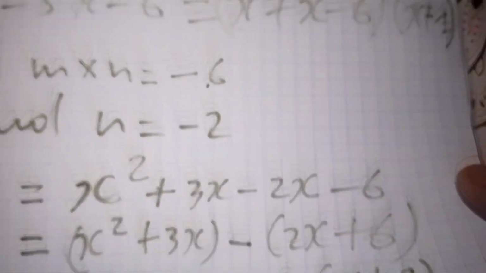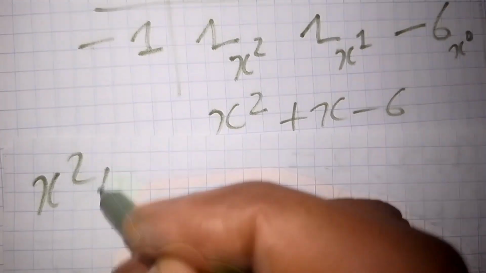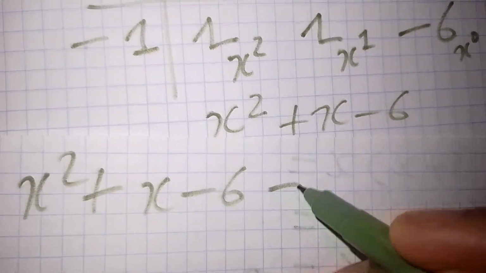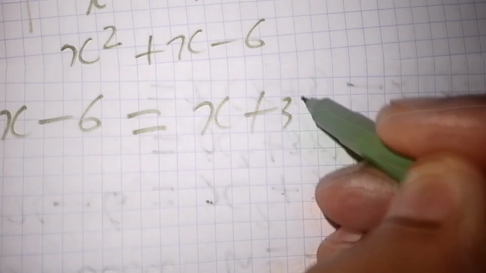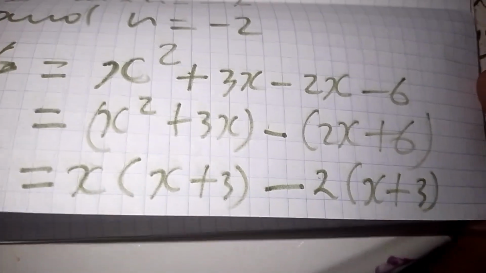So now the answer will be equal to what? x squared plus x minus 6 will be equal to x plus 3, which is in common, times x minus 2.